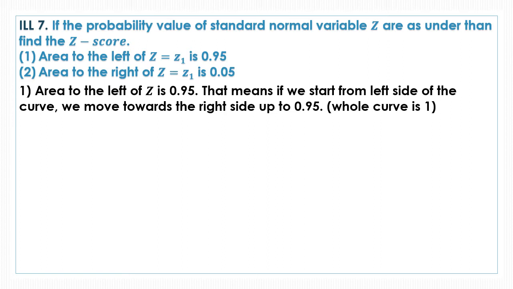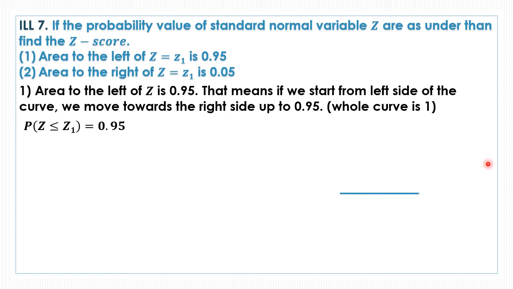Right now our probability value is 0.95, which is on the left hand side of Z1. So we start from the left hand side and go towards the right hand side until the value 0.95 is achieved. How are we going to write this? Because it is on the left hand side, meaning less than, so Z is less than Z1, which is 0.95.